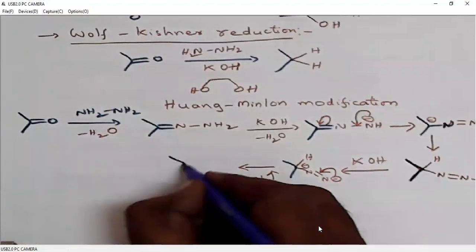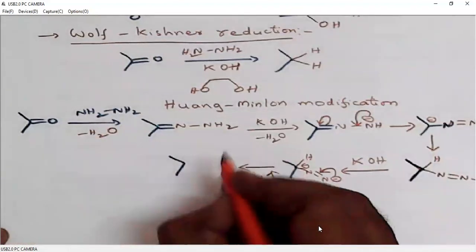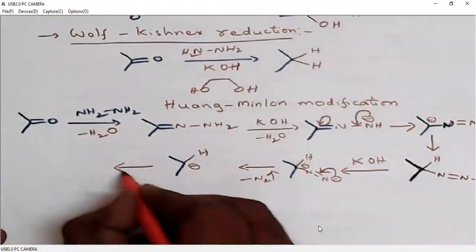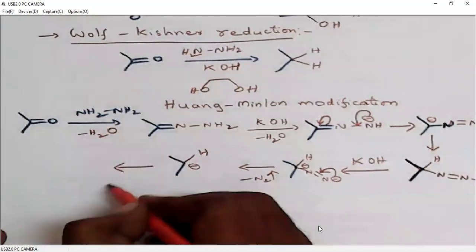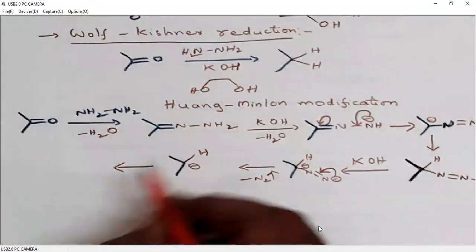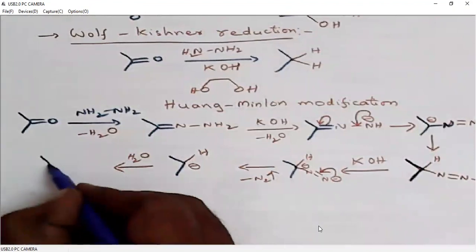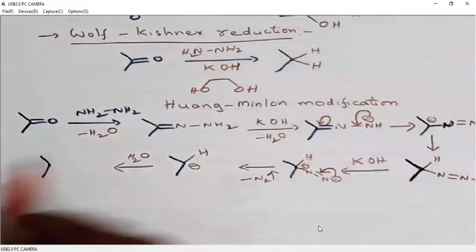Then we have again a negative charge on the carbon. So this negative charge can be protonated using either solvent or water. So finally we are getting a completely saturated carbon.